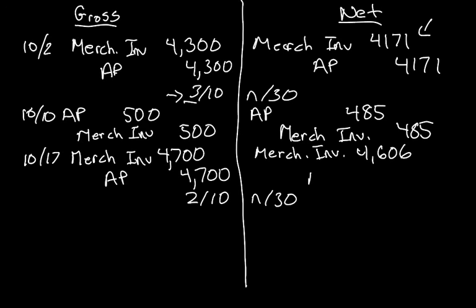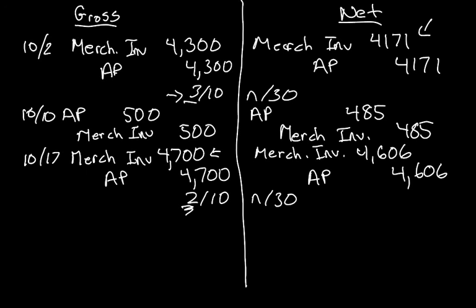And we're going to credit accounts payable for $4,606. That is the amount minus the 2% discount.